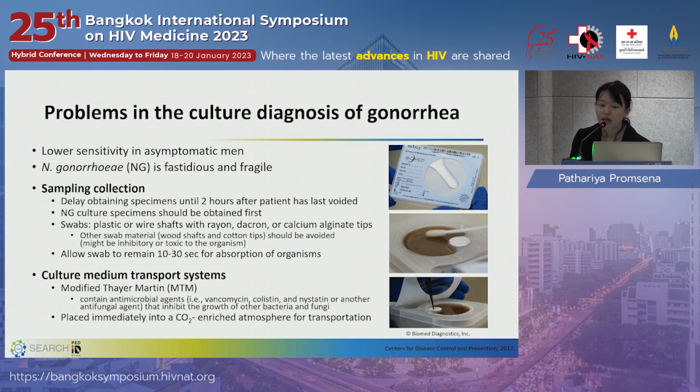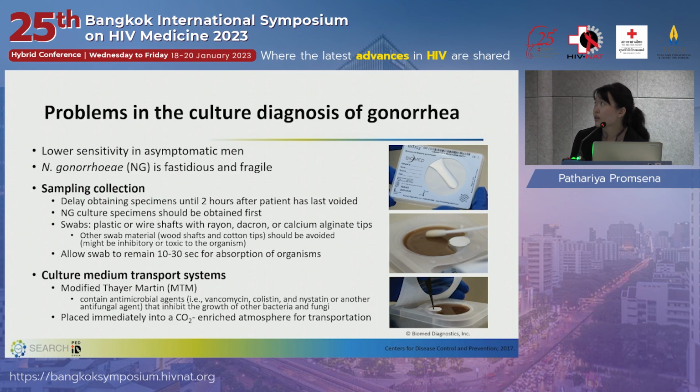This organism has demanding nutritional and environmental growth requirements, so it requires a special medium called modified Thayer-Martin agar, which contains antibiotics that inhibit the growth of other bacteria or fungi, and we have to put it immediately into a carbon dioxide-enriched atmosphere before transportation. This is important to improve the yield of culture-positive results.